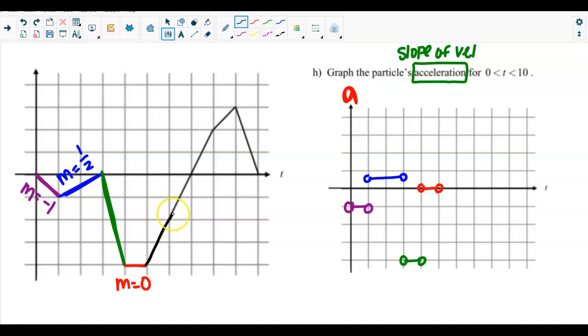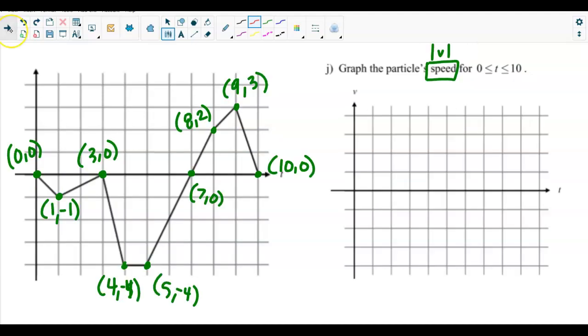Then we get this segment, slope of 2 for a long time. That is time 5 to 7. It's a slope of 1. And then a slope of -3 for that last bit. So again, acceleration graphs the slopes of velocity.